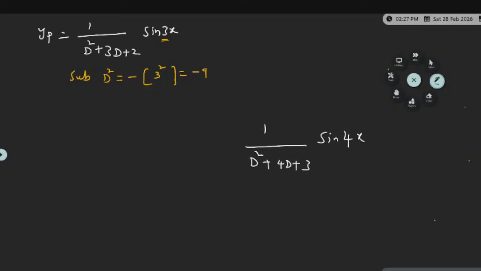Suppose if you are solving this problem, what is D square? Minus, because this value is 4. Are you clear? Yes or no? Okay, right.